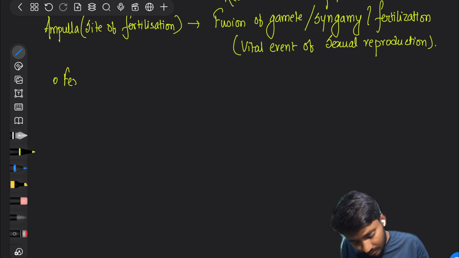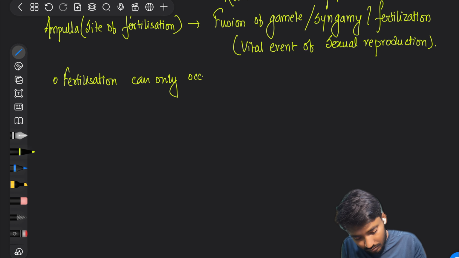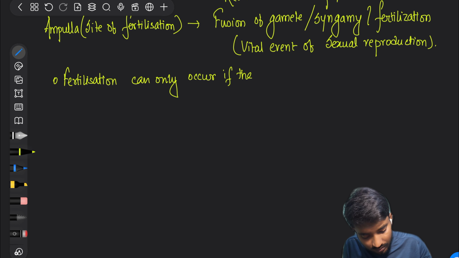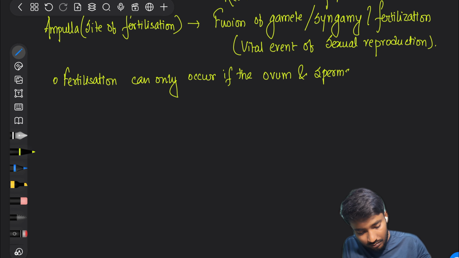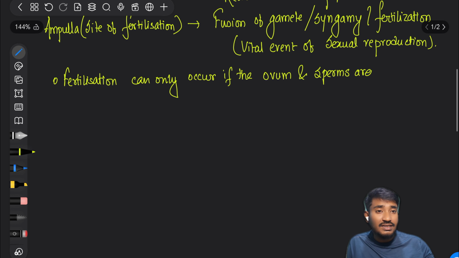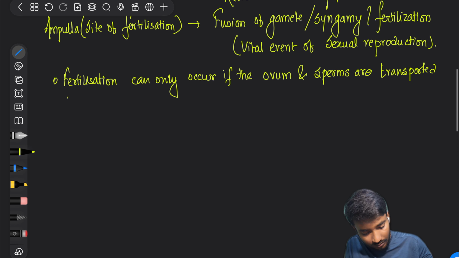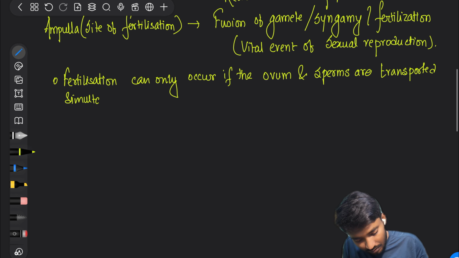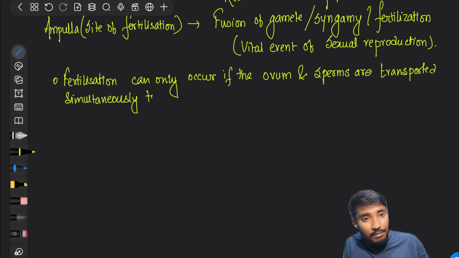Fertilization can only occur if the ovum and sperms are transported simultaneously to the ampullary region.